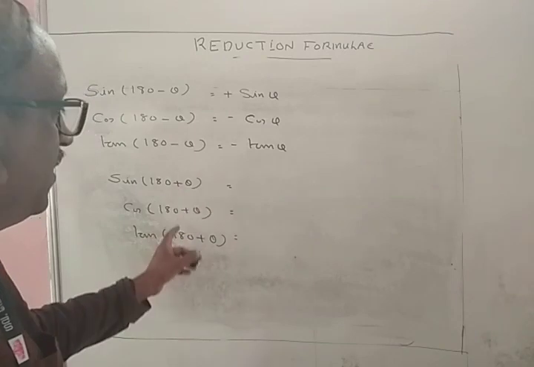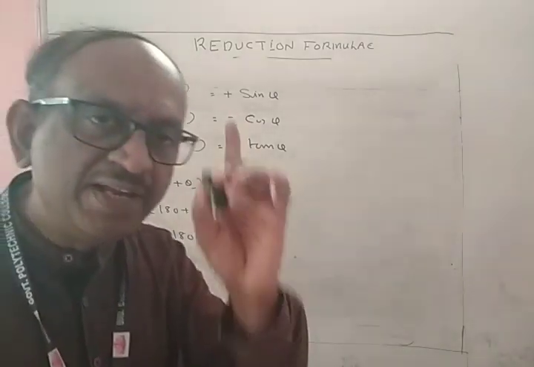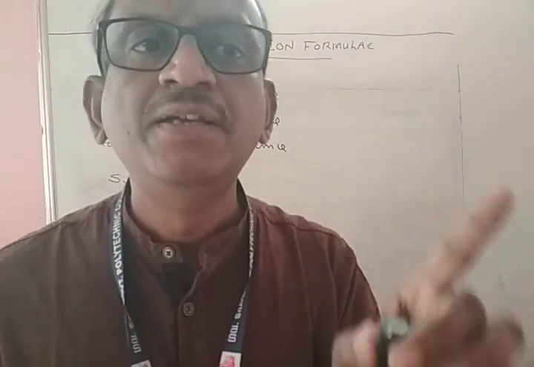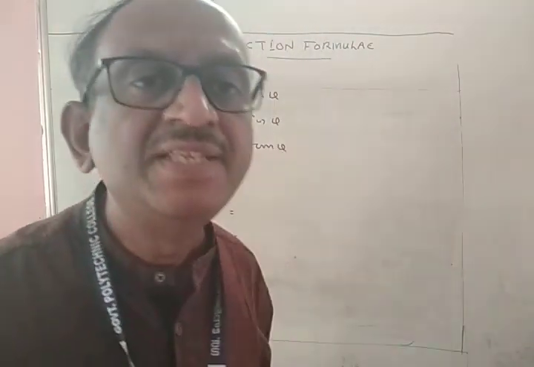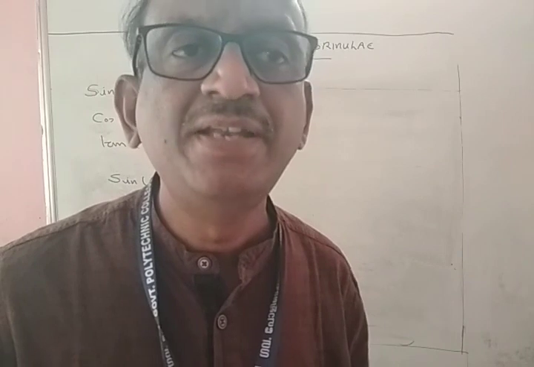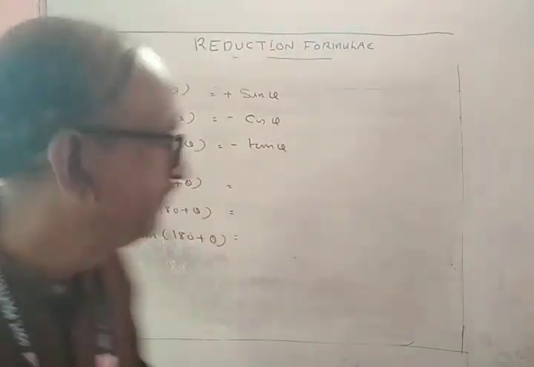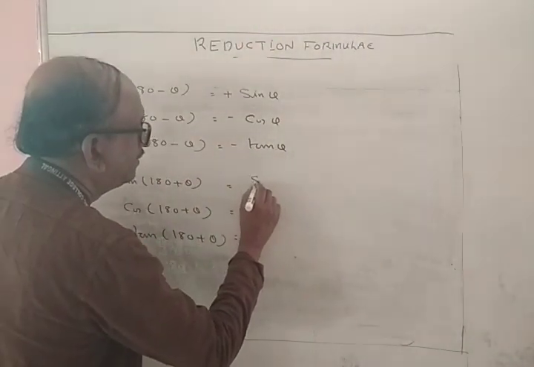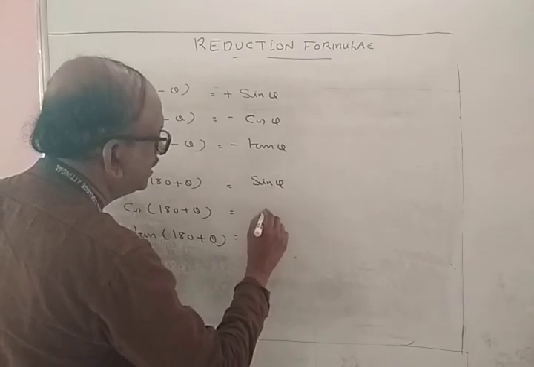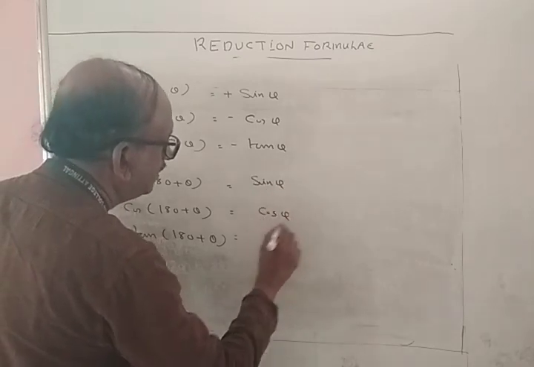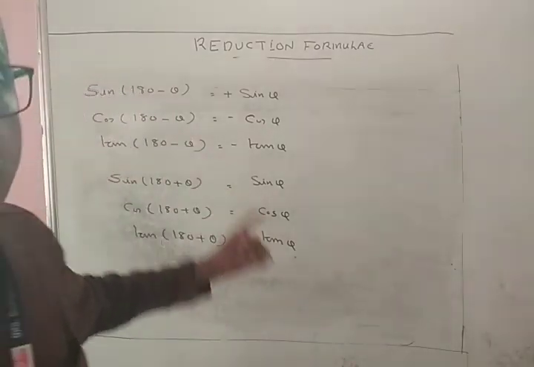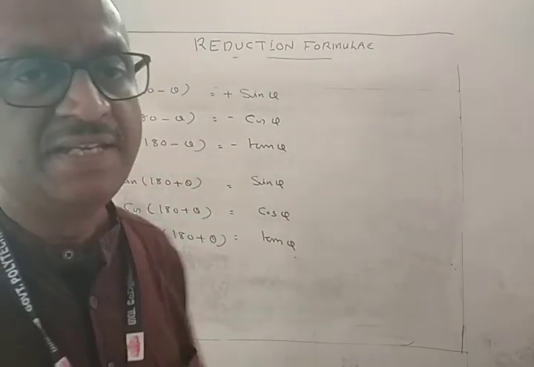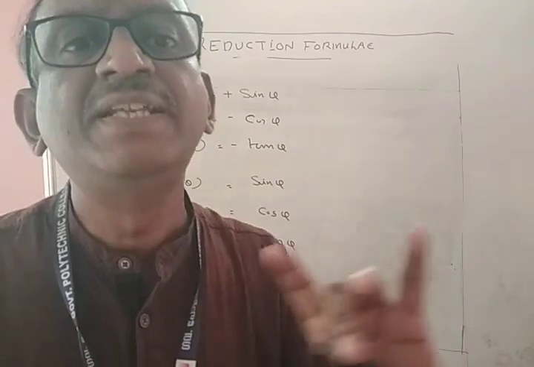Then the reduction formula for 180 plus theta. 180 is 2 into 90. 2 is even, therefore an even multiple of 90. When the angle is an even multiple of 90, sin becomes sin, cos becomes cos, and tan becomes tan. This answer is sin theta, cos theta, tan theta. Then the sign, positive or negative. 180 plus theta lies in the third quadrant.